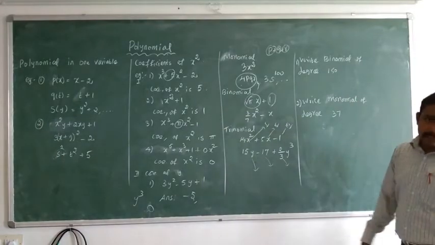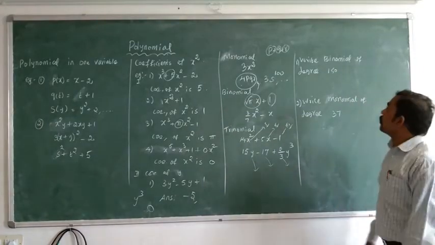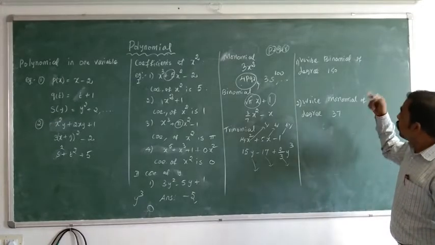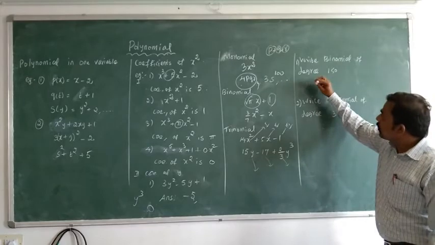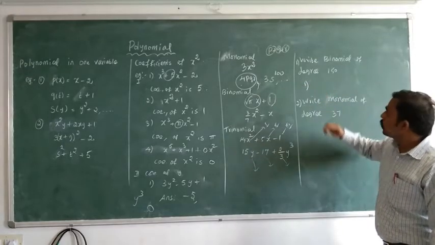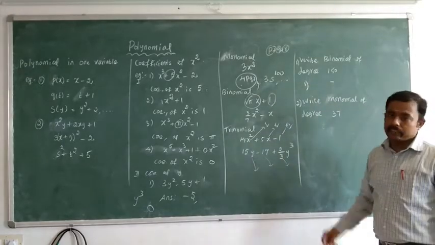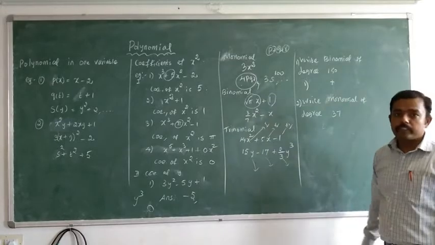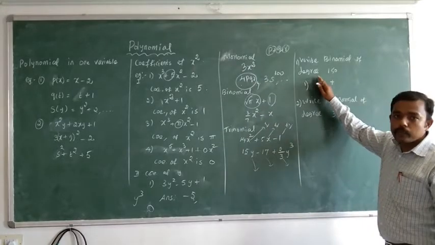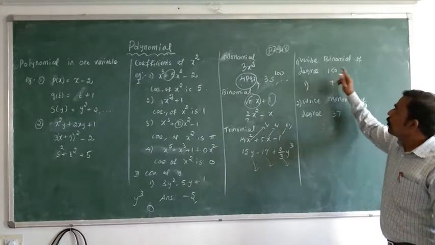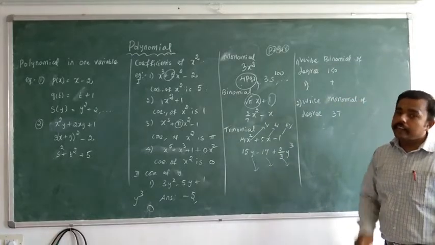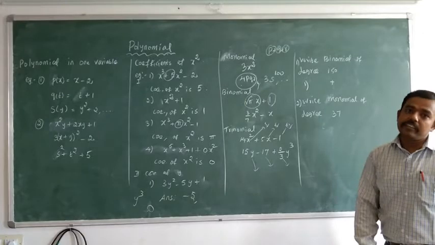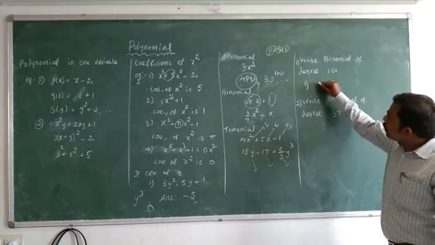Similarly, suppose we write an example of a binomial of degree 150. Binomial means we have a sign. So first introduce any sign, minus or plus. Suppose I write plus. Here we need one term, here also one term. But given degree 150, what is meant by degree? The highest power of the variable is called the degree. So you can introduce any variable.